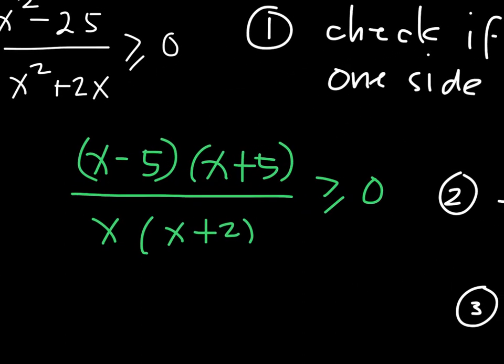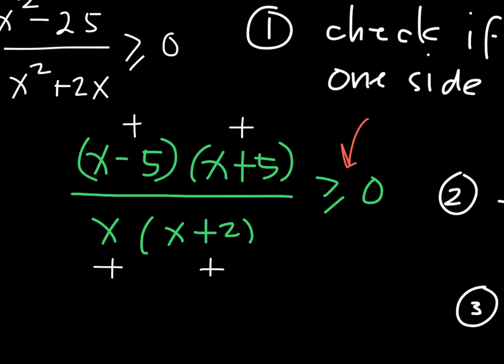Okay, so what is the use of that table of signs? If you take a look at our given inequality, it's a combination of a product of x minus 5, x plus 5, divided by x and x plus 2. Now, if our goal is to have a value greater than or equal to 0, then we have to keep this left side a positive expression. Since it's a combination of 4 expressions, one possible case, and there are other cases, is that every factor is positive.